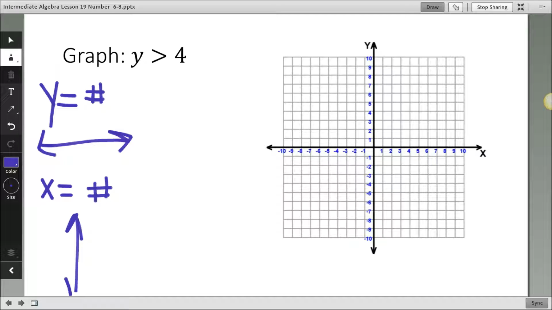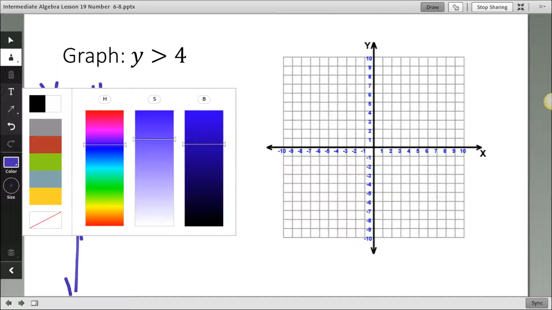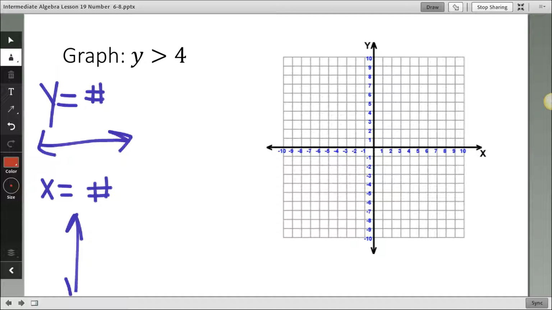So since this is y is greater than 4, I know that y equals 4 is a horizontal line. So I'm going to go to y equals 4, and I'm going to draw a dashed line through y equals 4.